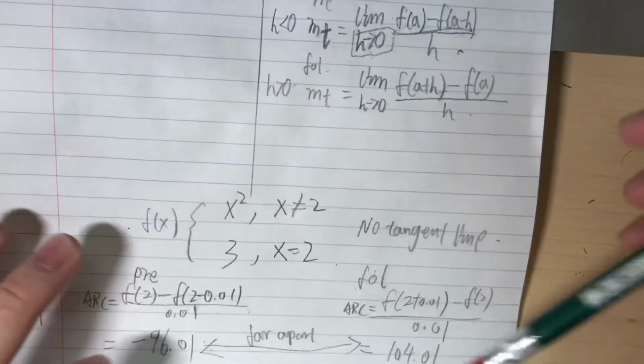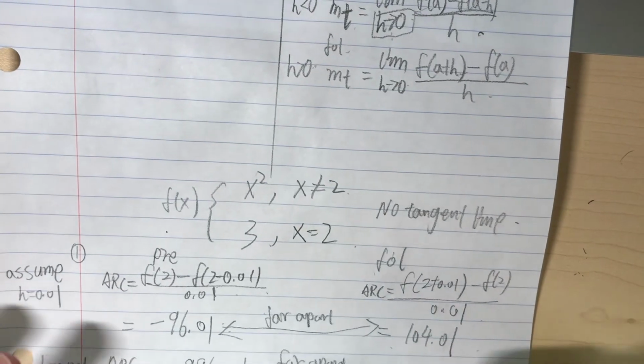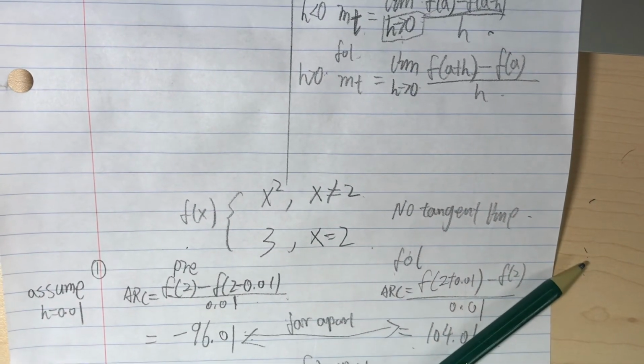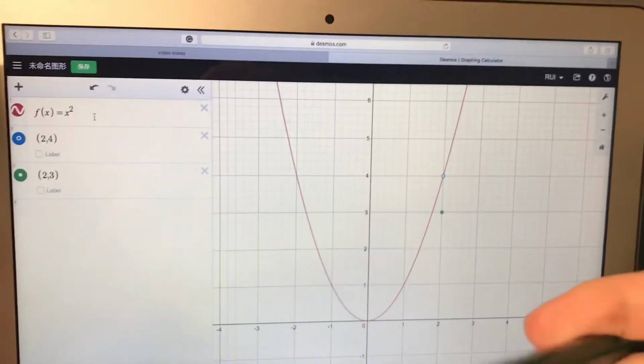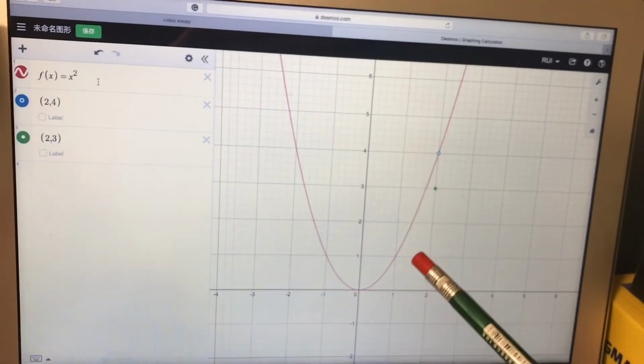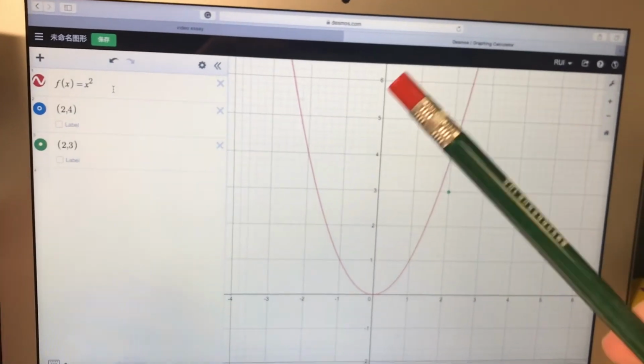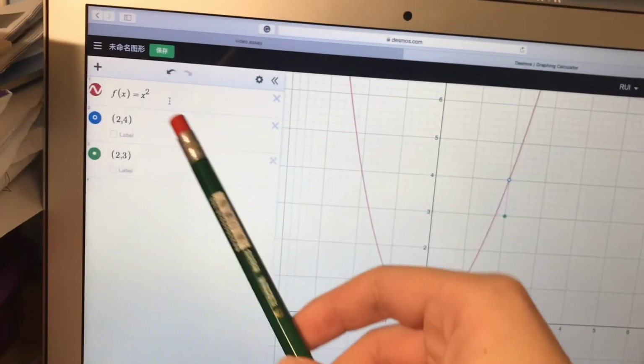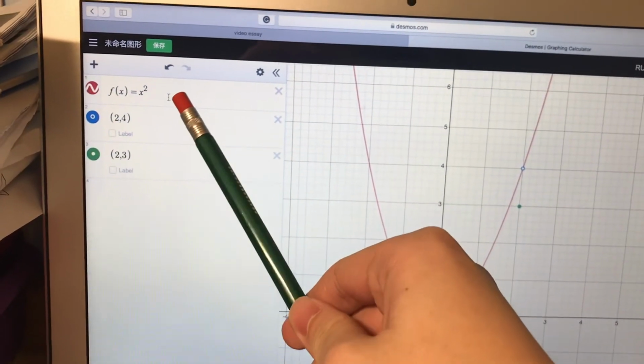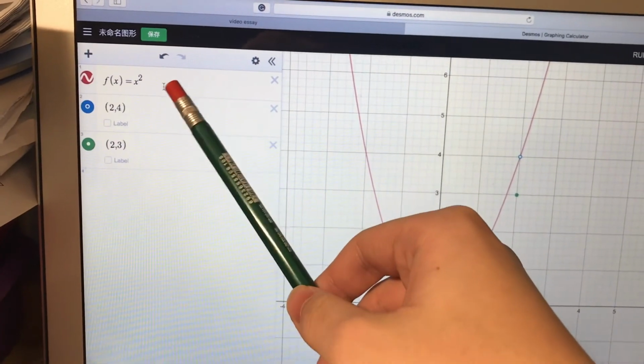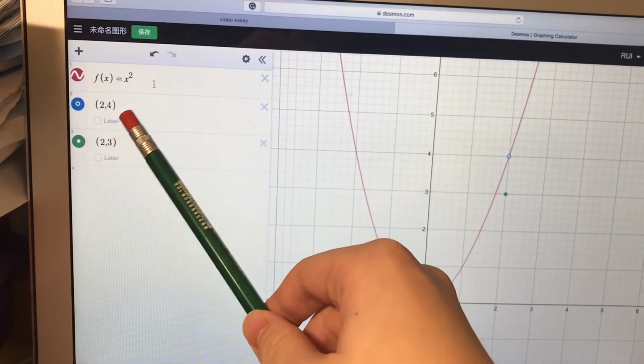This is the first reason. The second reason I will show you in Desmos. Normally, on this function, f(x) is equal to x squared, when x is equal to 2, the y value should be 4.